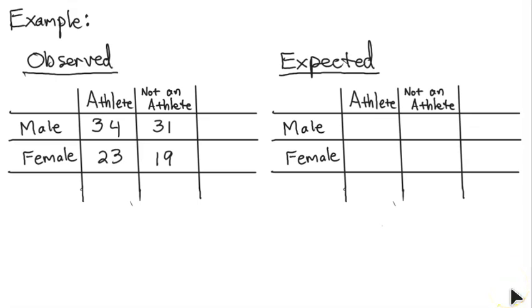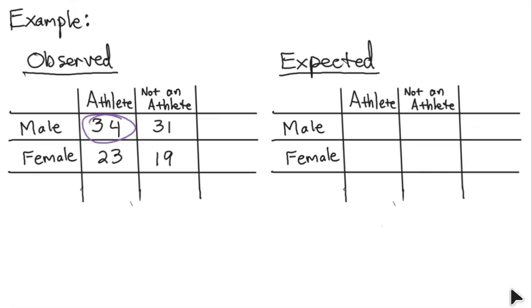All right, so here's a small contingency table. Look, we have two categories on one variable. Let's say we're asking some people, I don't know, high schoolers, maybe college students, whether they're an athlete or not an athlete, and whether they are male or female. And so we only have 4 boxes, 4 cells.